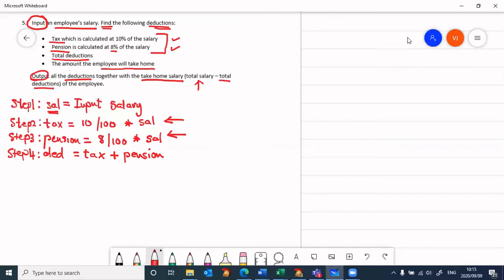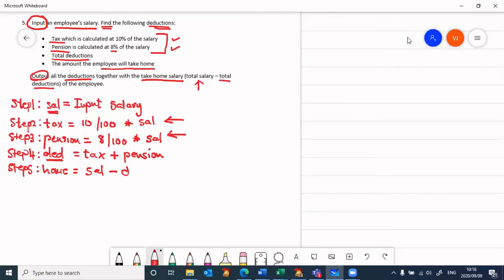Finally, I need to find the amount the employee will take home. So step 5, the take home, so I'll call the placeholder home, and I need to get the salary. So that's the value, the salary minus the total deductions, which I just calculated.